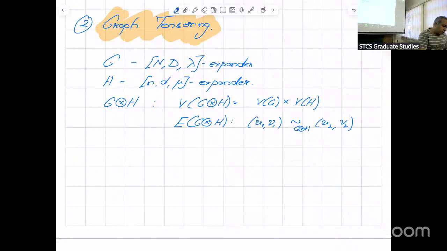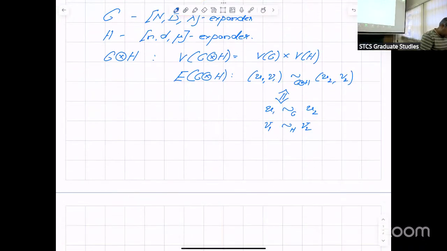We'll say this is true if and only if U1 is connected in G to U2 and V1 is connected via H to V2. So basically you take the two graphs, and you take a step in each of the graphs.